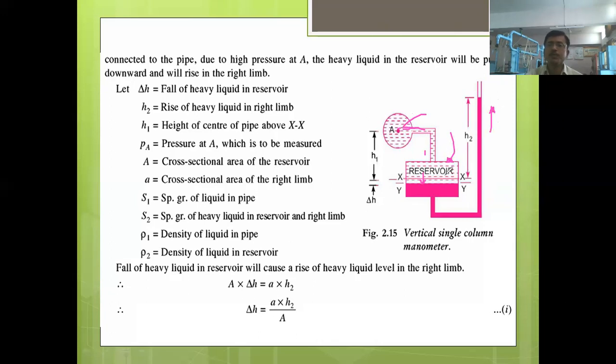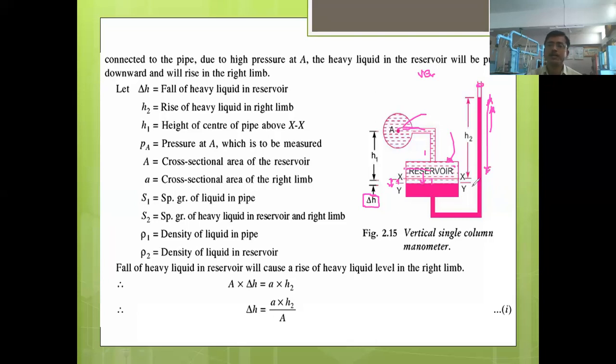The volume that decreases here will be the same volume that rises in the right limb. But as the cross section area of this reservoir is very, very large as compared to the cross section area of this manometric limb, the decrease or fall in the depth of the manometric fluid, which can be represented by the letter delta H, will be very, very small in value as compared to the fluctuation in the right side limb of the manometer.